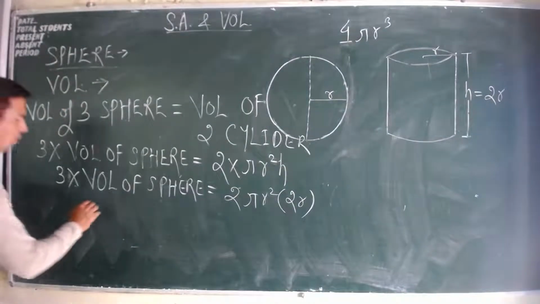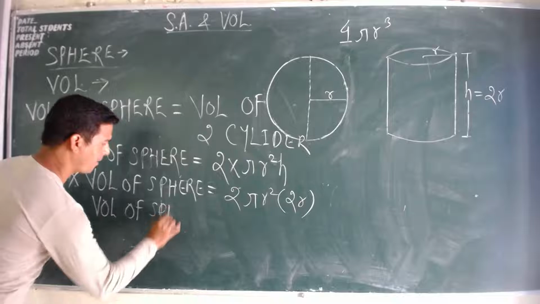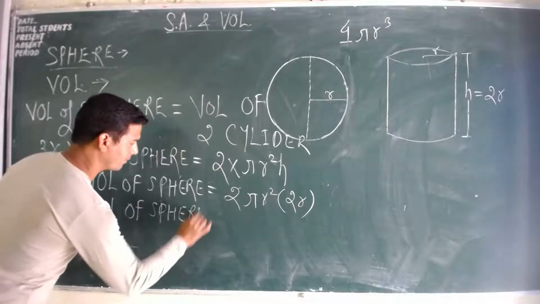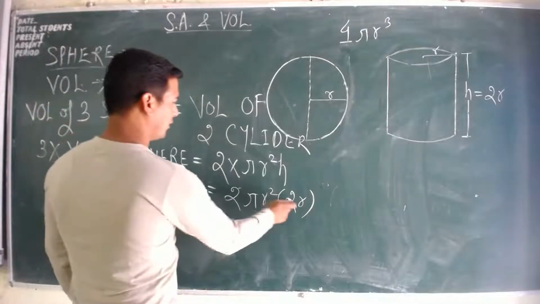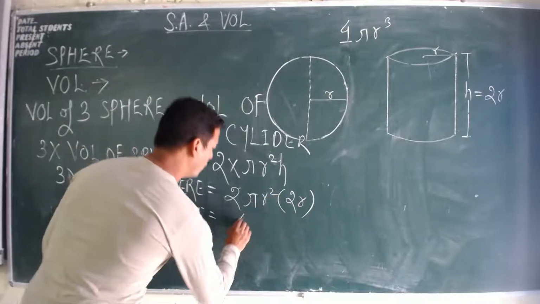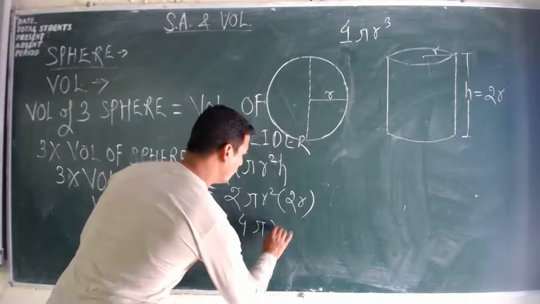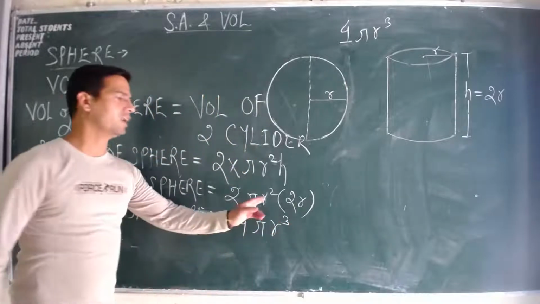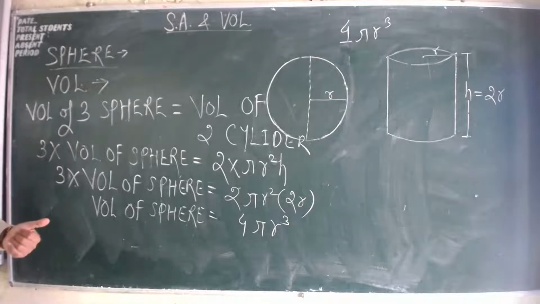So now find the volume of one sphere. First multiply here 2 into 4 pi r square into r, which will give you r cube, since r square and r give r cube. So 4 pi r cube on the right side.